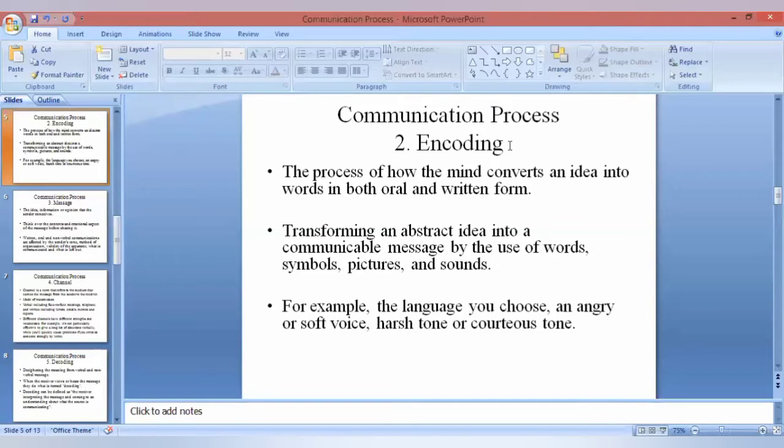If you are angry, your voice is angrier. The tone is clearly visible in your voice, in your words. And if you are harsh, that tone is clearly visible both in your written words and in your spoken words. The same is the case with a courteous tone.